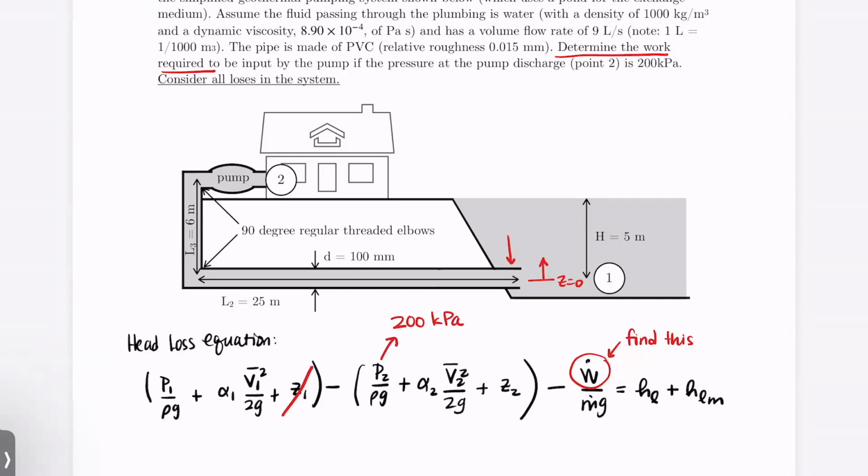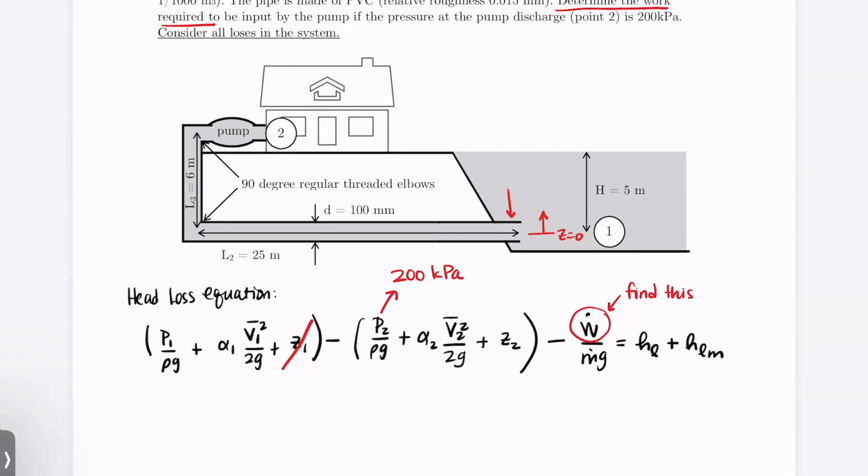On an exam question, you're almost guaranteed to have to calculate the Reynolds number and find alpha. But I aggressively simplified this. So V1 equals V2 because D1 equals D2. So they just cancel each other.